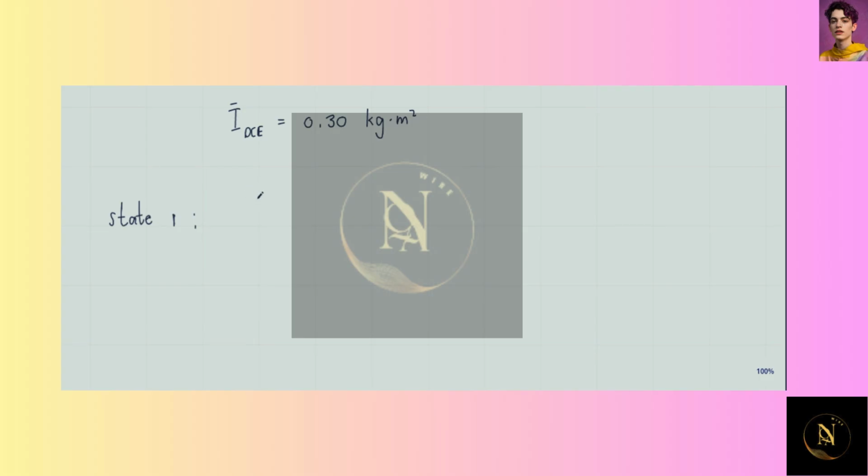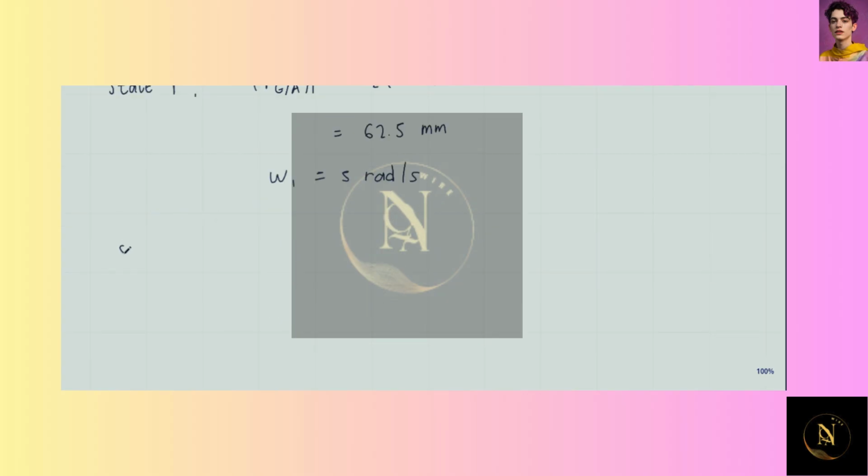So our values for state 1 are: the position of the mass center relative to point A in state 1 is equal to a half times 125, so it's the center point of the tube AB, and this is 62.5 millimeters. And the system is rotating with angular speed omega 1. Omega 1 is equal to 5 radians per second.